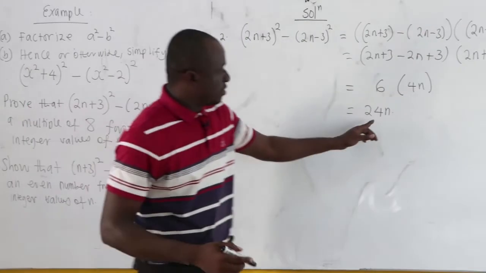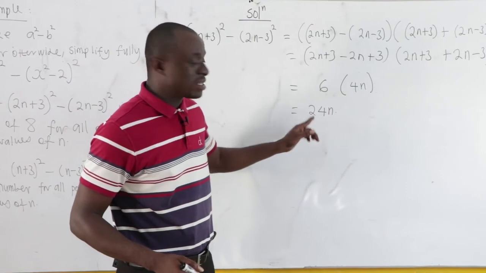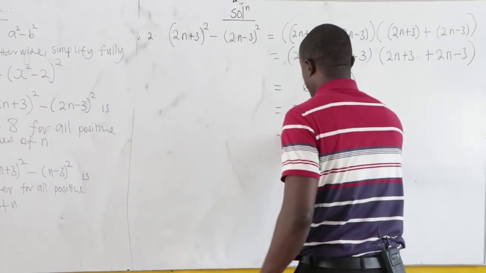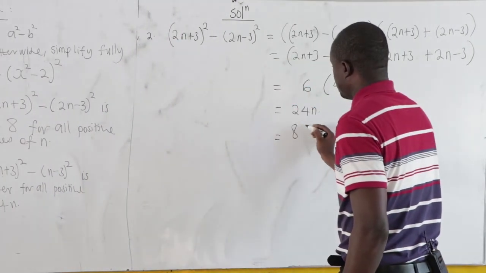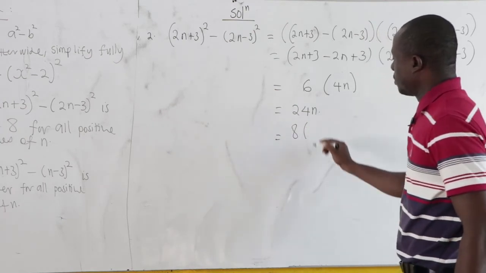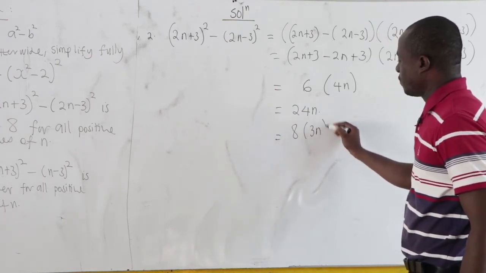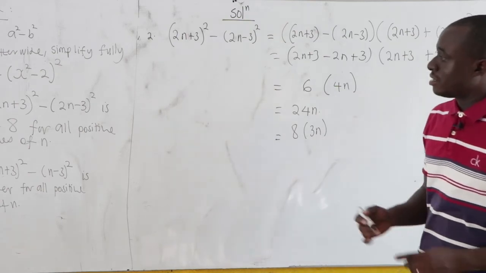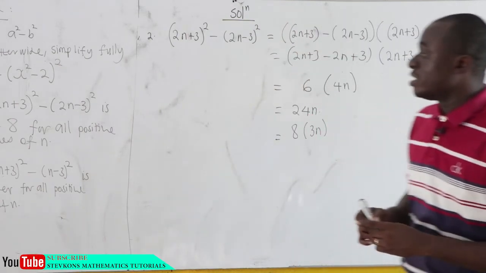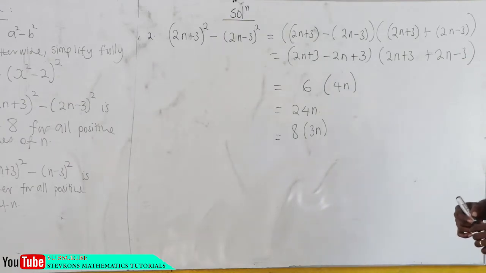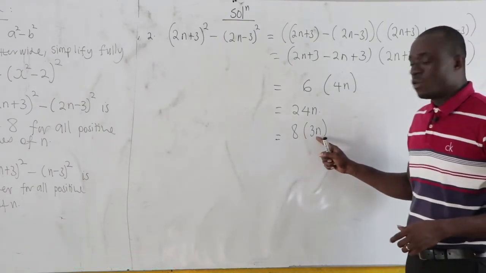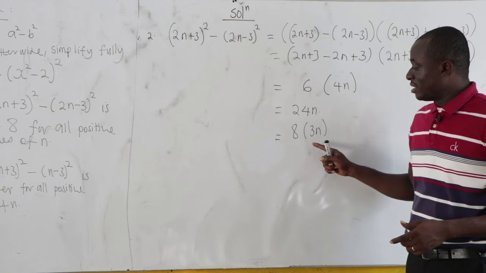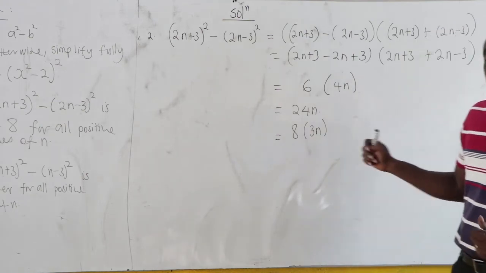Now, we can bring a factor of 8 out over here. So if we bring 8 out, 8 times 3 will give us 24. So from here, the question says prove that this is a multiple of 8 for all positive integers n. So clearly for all values of n, this would be a multiple of 8.